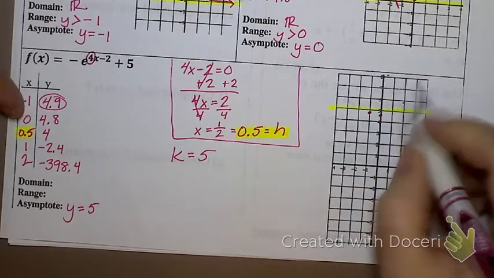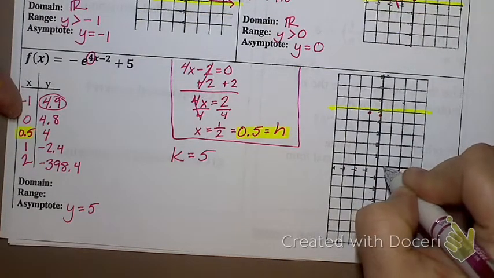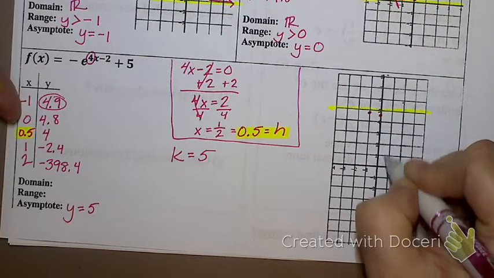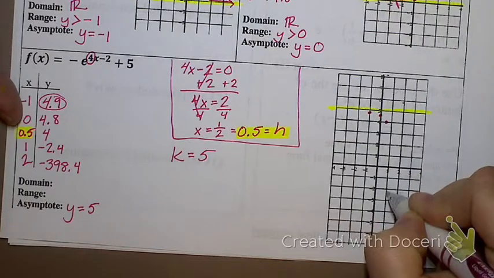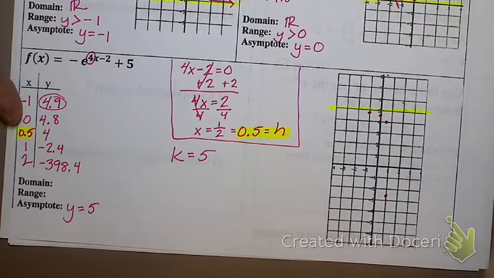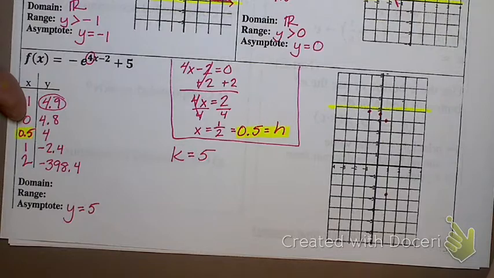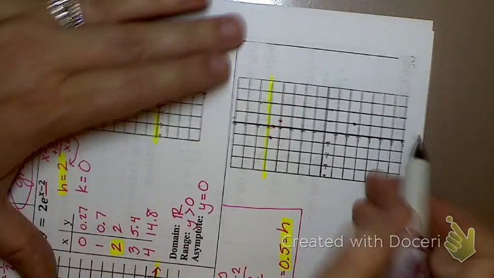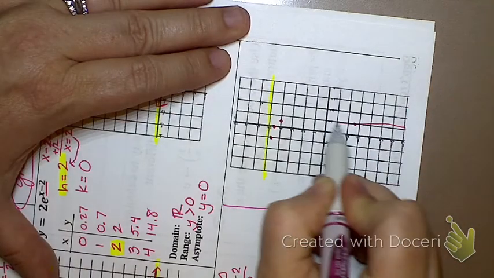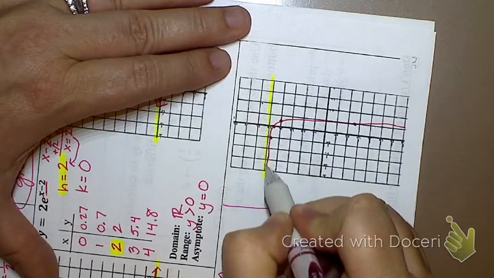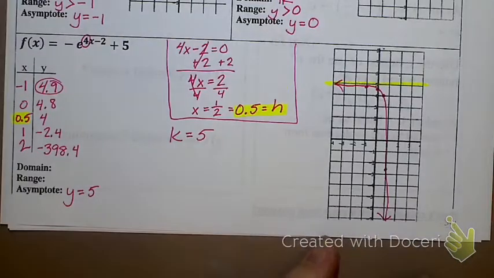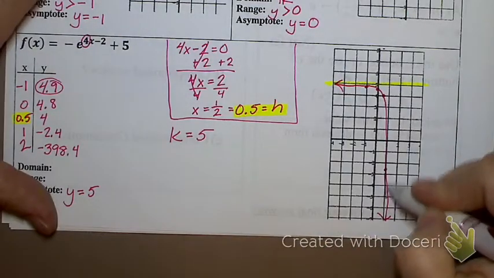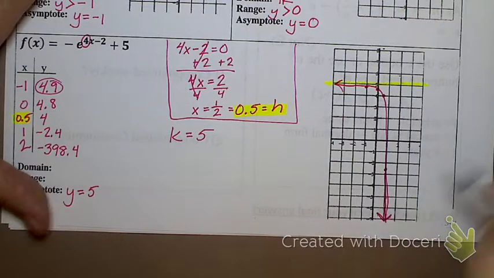Now watch how this works. 0.5, 4, and then 1, -2.4. Do you see how steep that moves? It almost makes a right angle up there because it's cutting down so quickly. And this wasn't the prettiest way down here, but you get the idea.